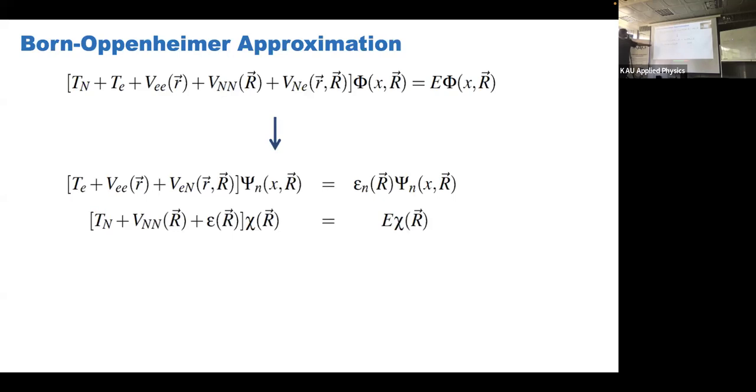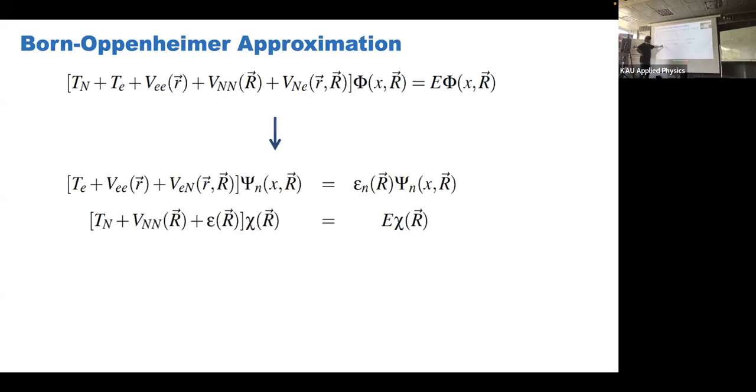We can take this Schrödinger equation. Here is the Hamiltonian. It consists of the kinetic energy of nuclei, kinetic energy of electrons, electron interactions, nuclei interaction, and electron-nuclei interaction. We can discard this and this, and we can simplify our psi function.